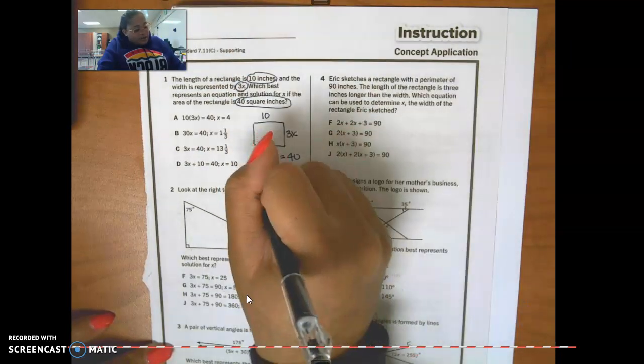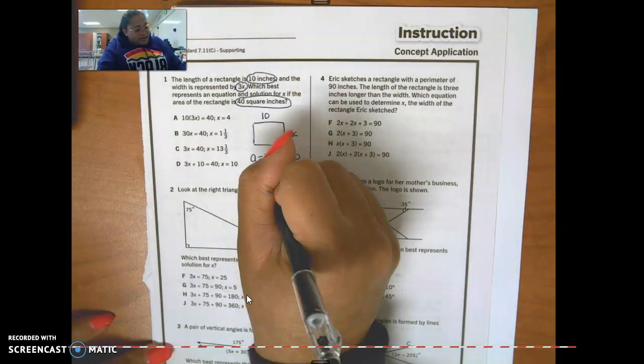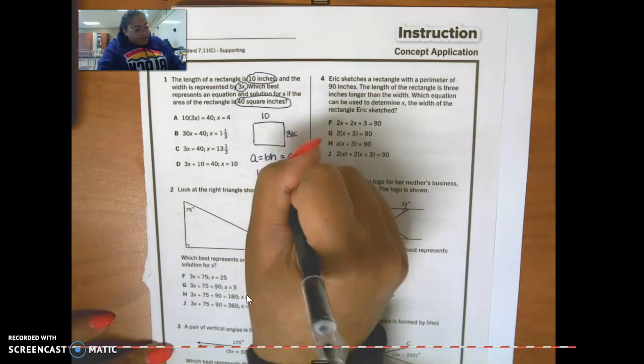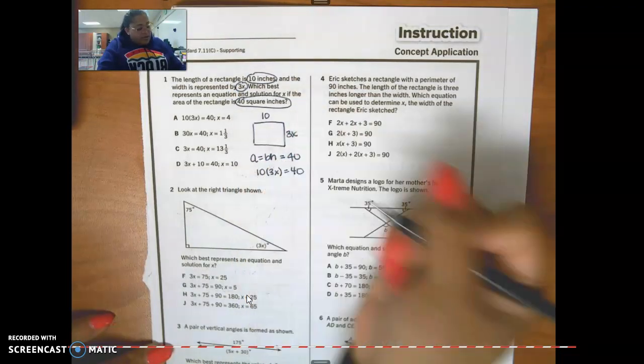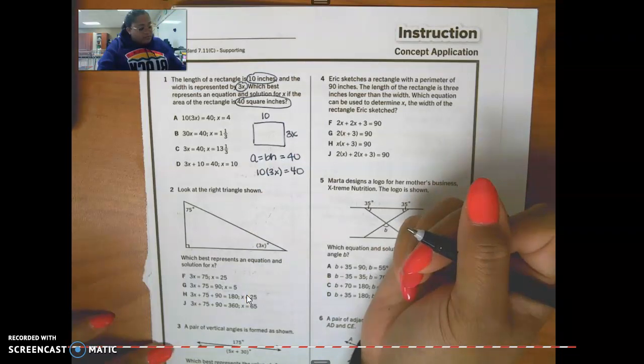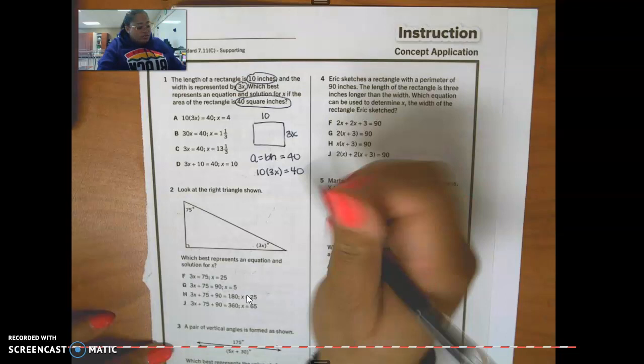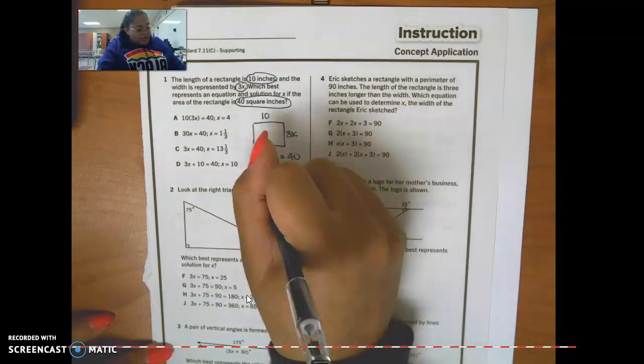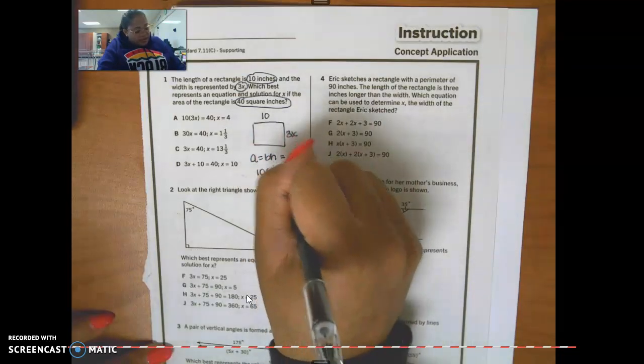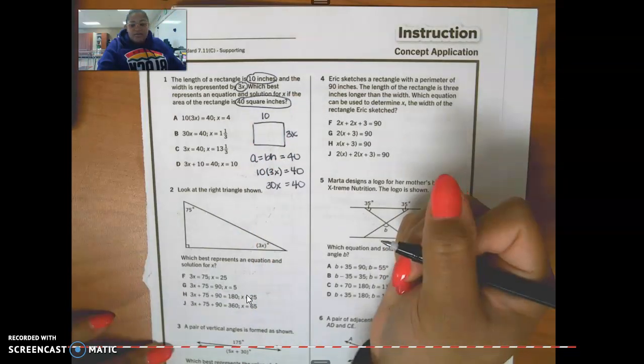So I'm going to say 10 times 3x equals 40 square inches. I'm going to multiply 10 by 3, which is 30x, which equals 40, and then I'll do the last step to solve for x there.